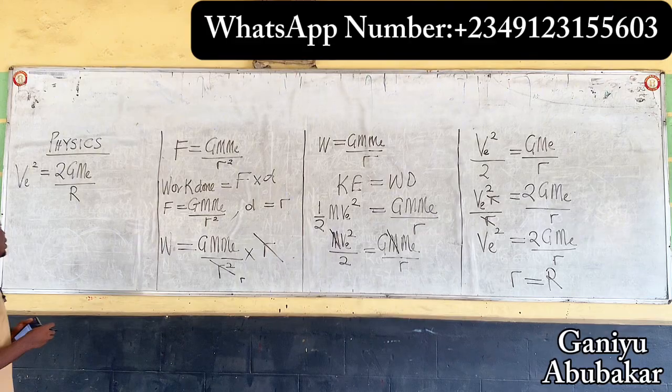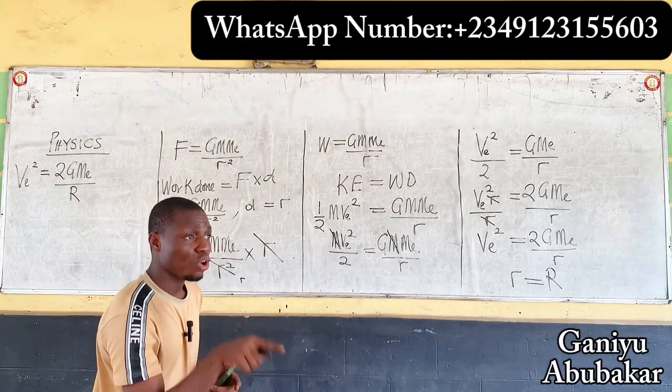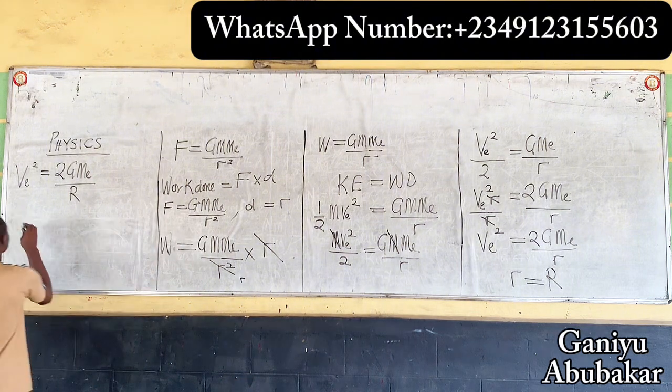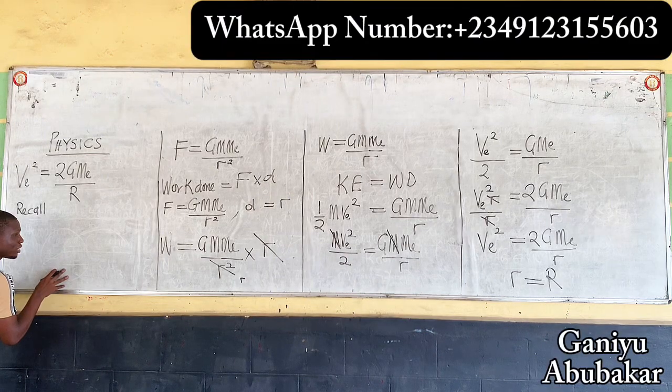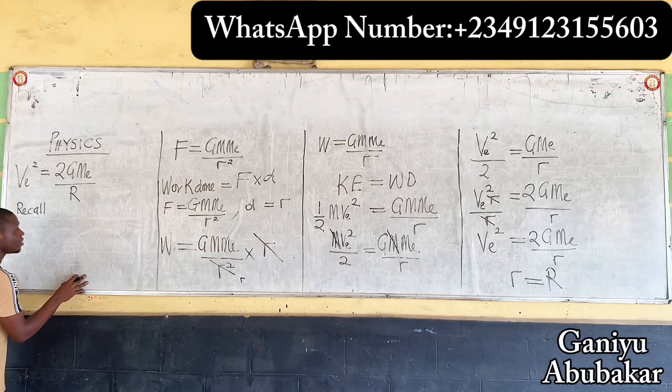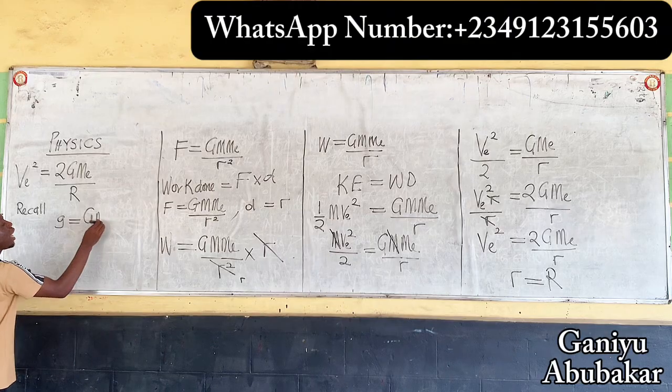My next procedure here is to recall one concept. I have to recall the relationship between gravitational constant and acceleration due to gravity, that we said g should be equal to GMe over R squared.